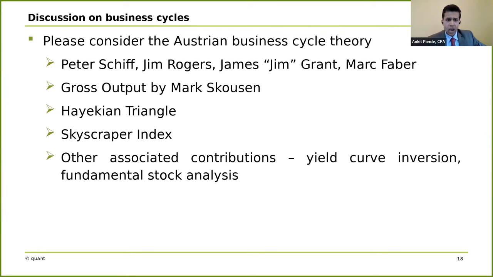The Hayekian triangle is another measure, or more of a diagrammatic representation, introduced by Nobel Prize winner Friedrich August von Hayek in the 1970s, if I'm not mistaken. And he brought this forth as a representation of the lower order goods and the higher order goods.